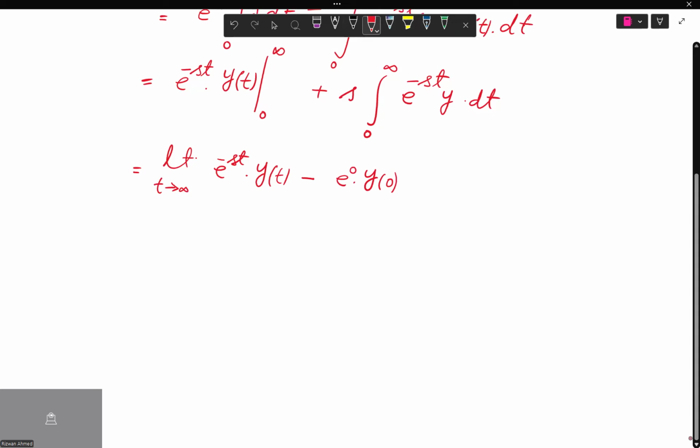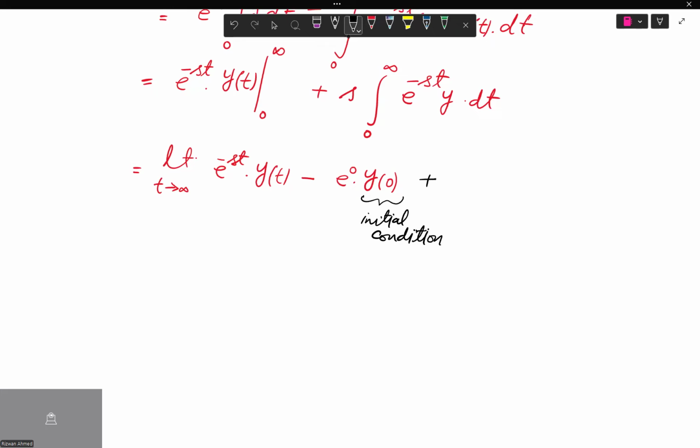This is a very interesting thing which is appearing over here, that e raised to the power 0 is 1 and y of 0. In the context of differential equations, this is the initial condition. So while evaluating the Laplace transform of derivative, the initial conditions naturally appear in the definition of the Laplace transform of derivative.